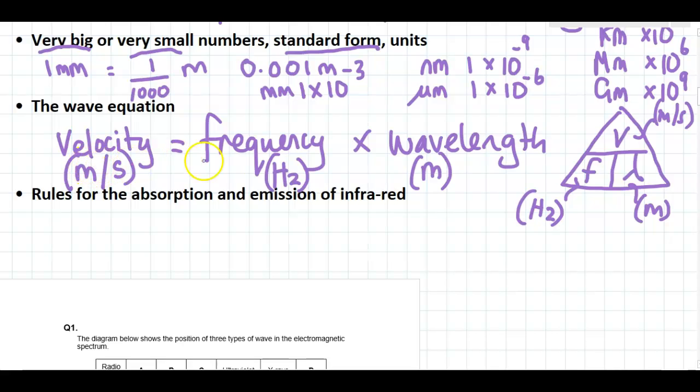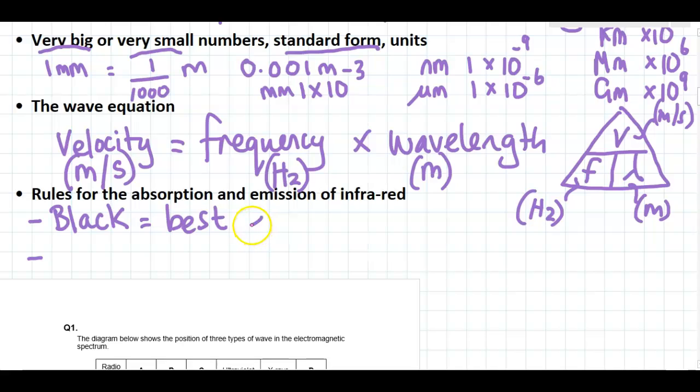Okay, and that explains why a bigger wavelength has to be a smaller frequency, because the velocity is constant all the time. And then last lesson you looked at infrared, and you should have concluded from your work that if something is hot and it's painted black, it gives out infrared better.